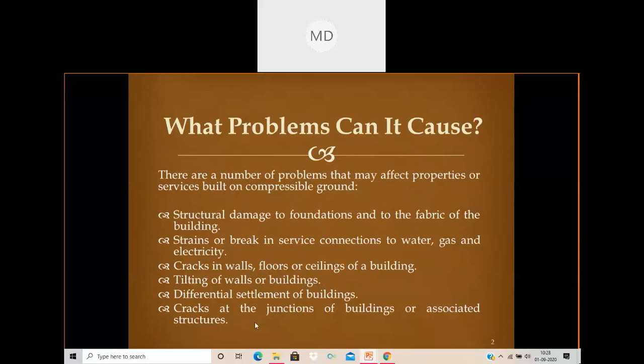So these are the problems we are going to face if we construct some structure in those kinds of soil deposit.